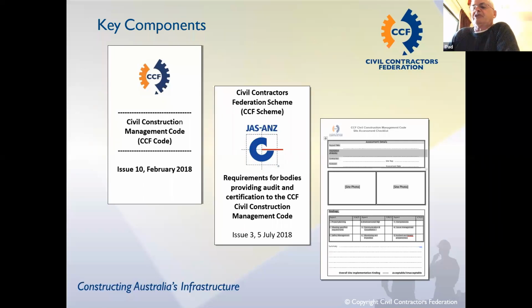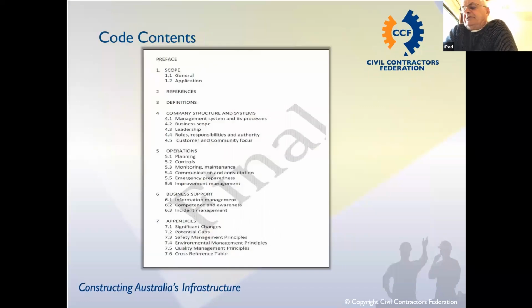This is just a summary sheet, and at the end, we'll look at the checklist and go through those various components. So it's a lot more site controlled, if you can say. There's a lot more requirements for you guys to prove that you're actually doing what your documentation is saying. A lot more emphasis is on that side. When you look at the code, it's still got 14 elements, but it's simplified in the way it operates. You can see there, forget about the scope.